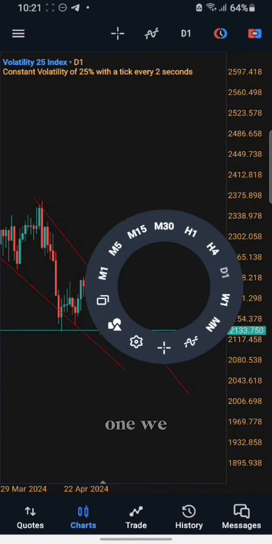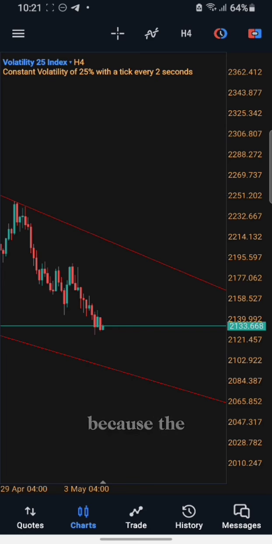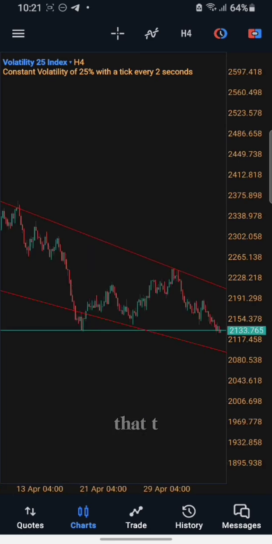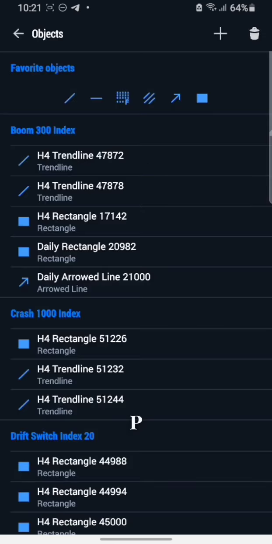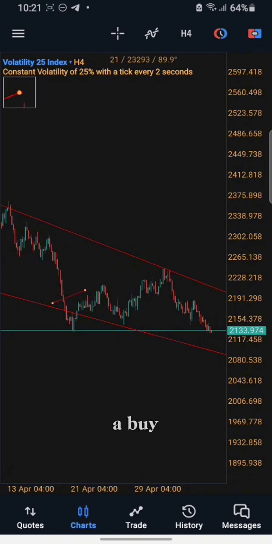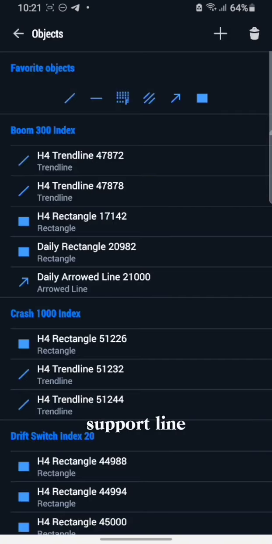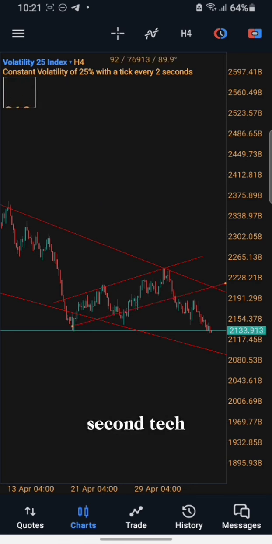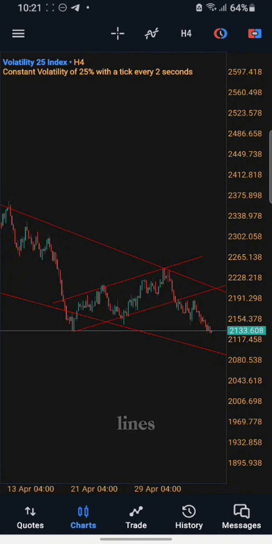In this one we are no longer going to sell because the market has reached that second TP. So now we are aiming for a buy because the market faced a lot of challenge at that support line at the second take profit. I'm going to draw those lines that I had put in the previous setup. These are the same lines.